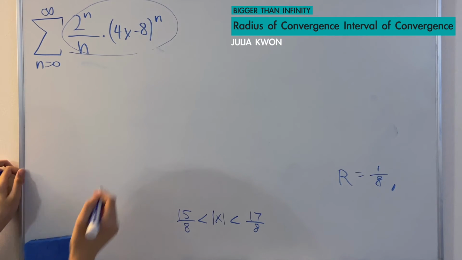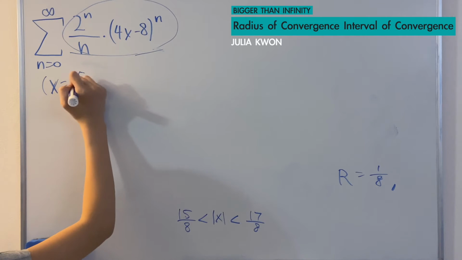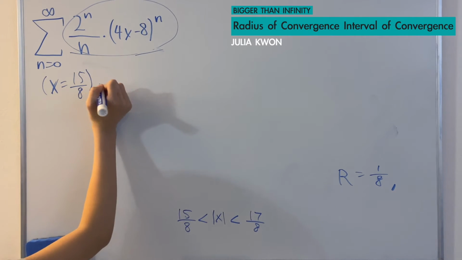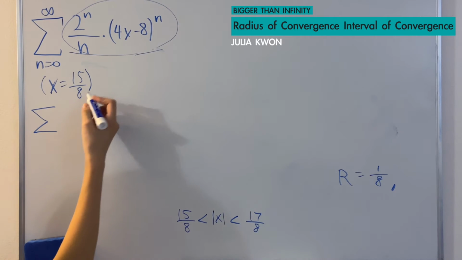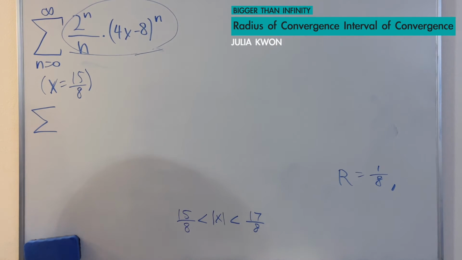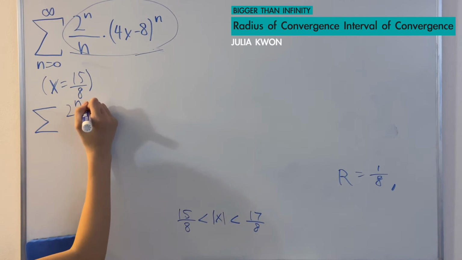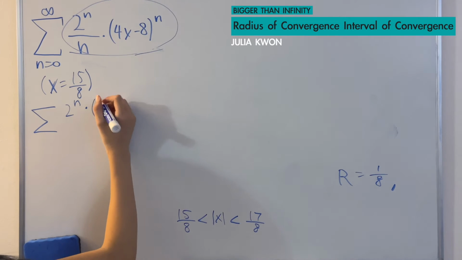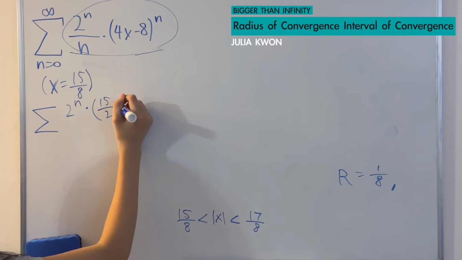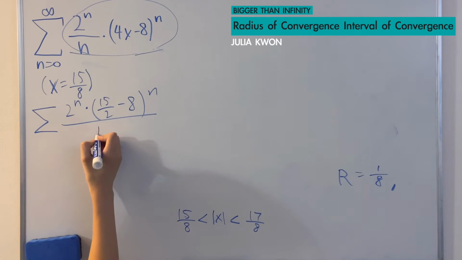Okay, let's put in x equal to 15 divided by 8. If we do that, then we'll get the series of 2 to the power of n times 4 times 15 divided by 8 minus 8, to the power of n, divided by n.